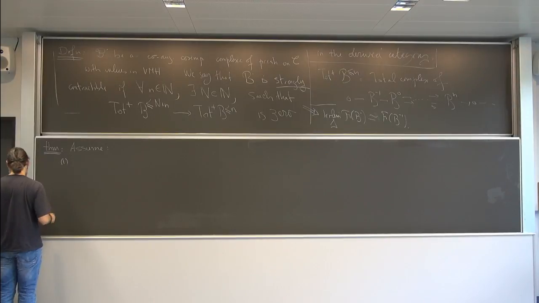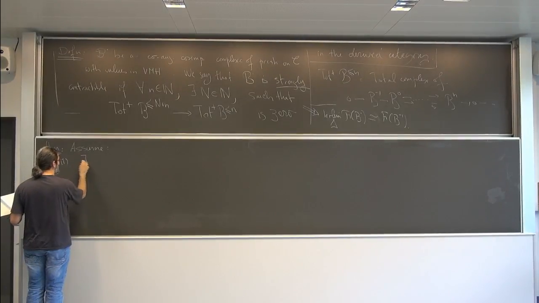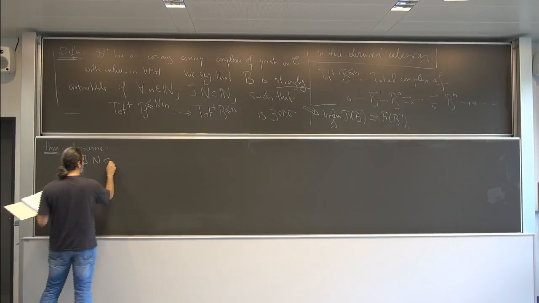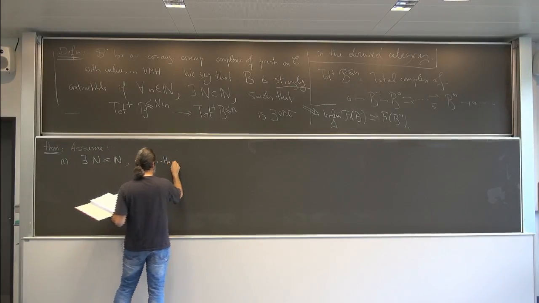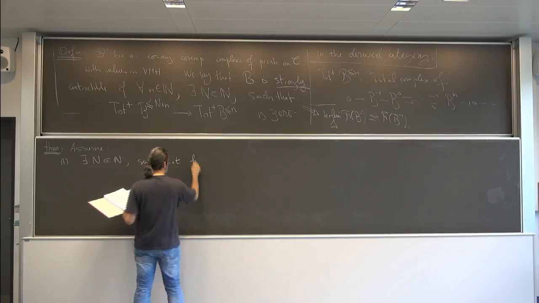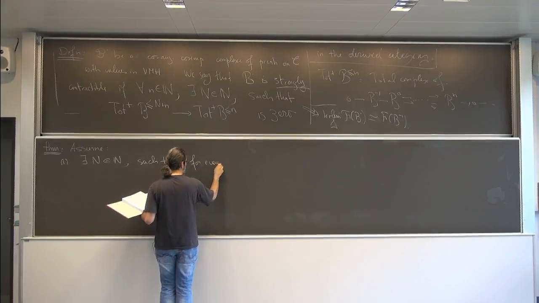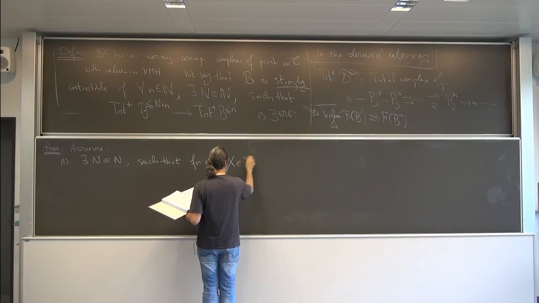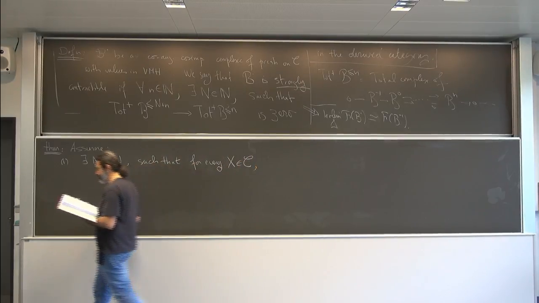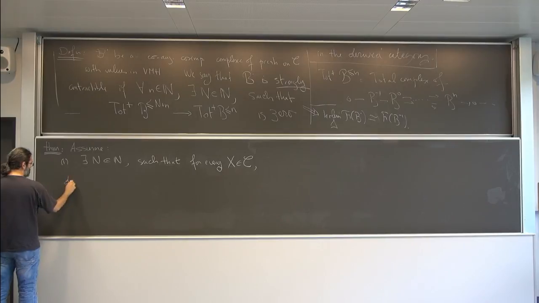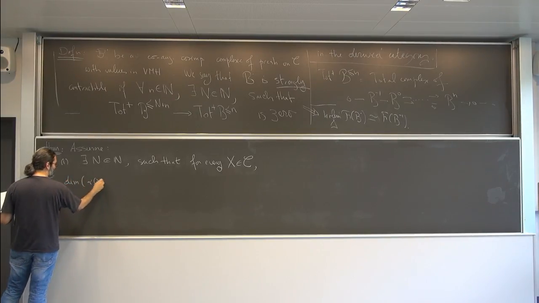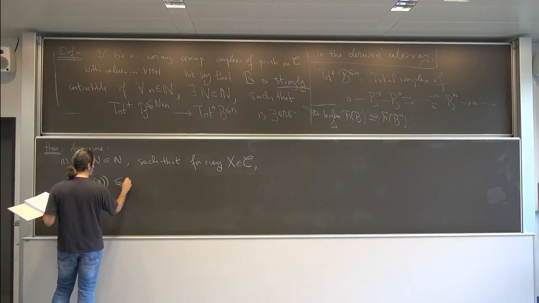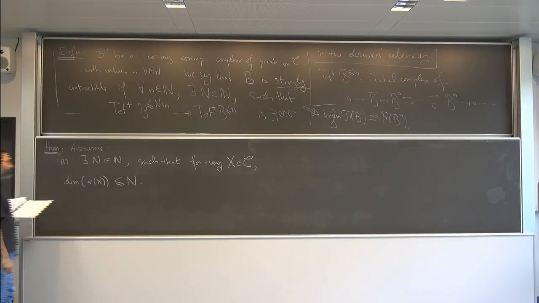The first condition: there exists an integer n such that for every object x in C, the dimension of alpha x is smaller than n. So the dimension is bounded by n uniformly.